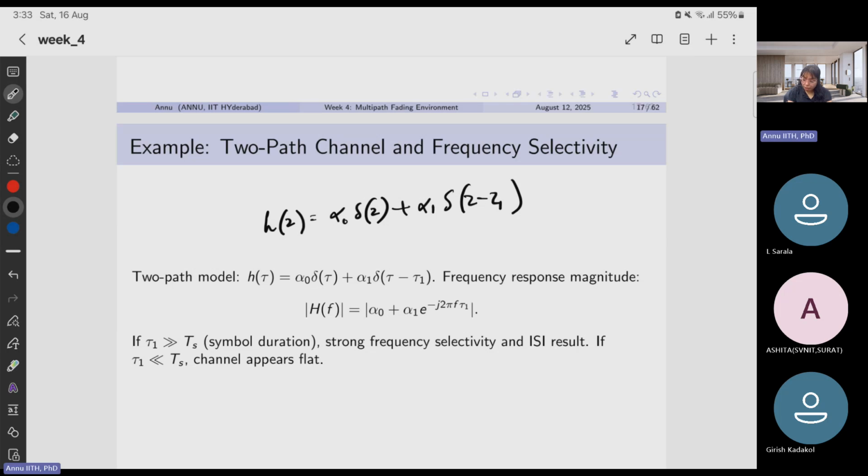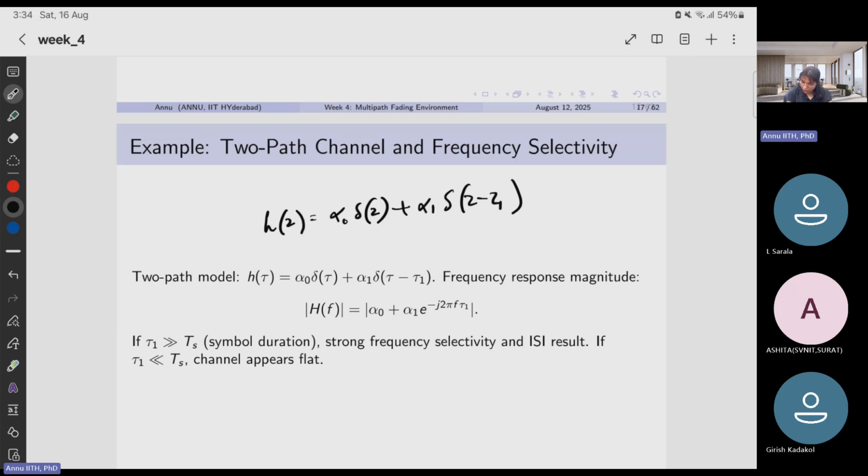The frequency response magnitude, if you convert into frequency by Fourier transform, is magnitude of alpha naught plus alpha 1 e to the power minus j 2 pi f tau 1. If tau 1 is greater than Ts, then there is strong frequency selectivity and ISI will result.